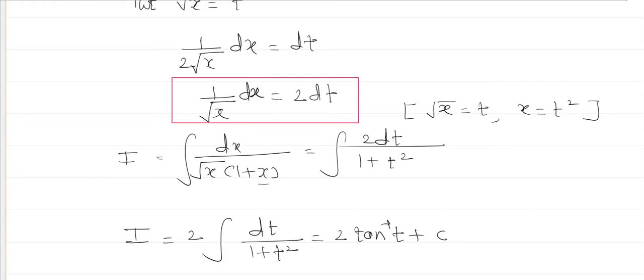That is the integral of 2 dt upon 1 plus t square.